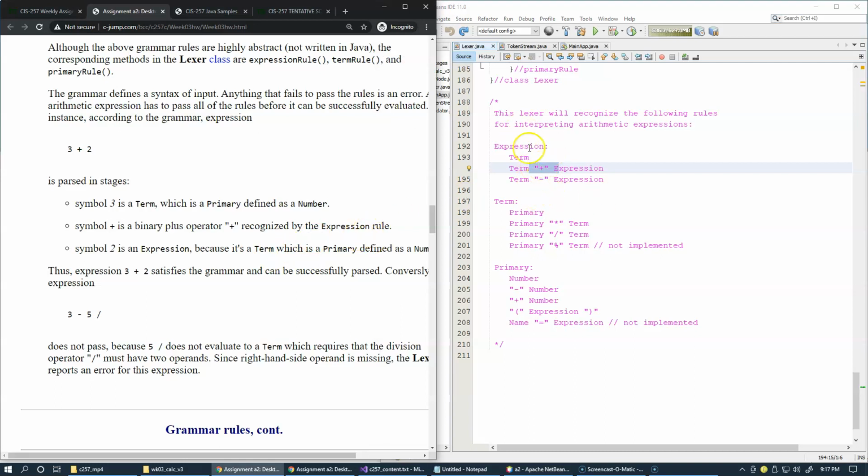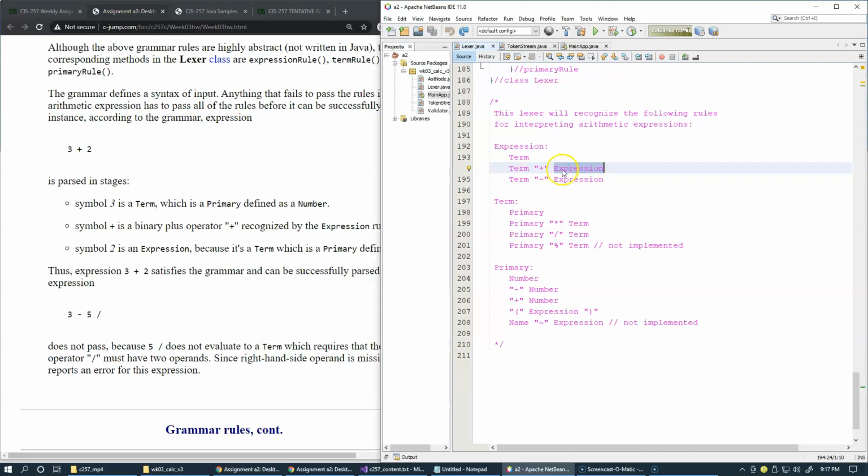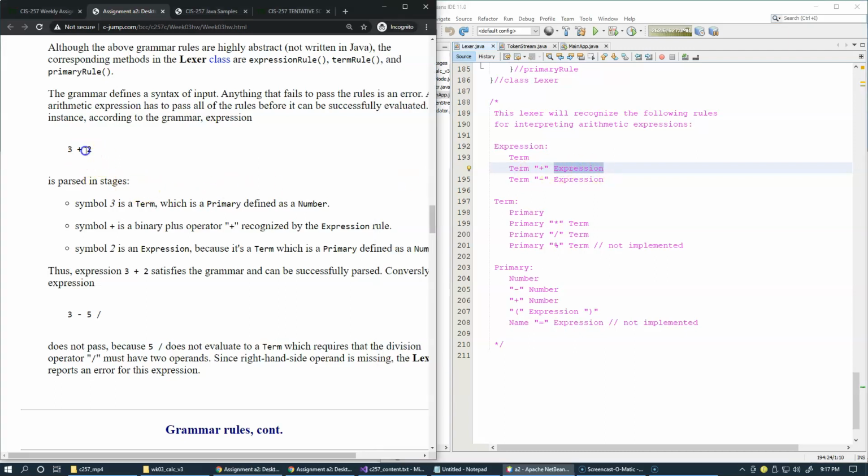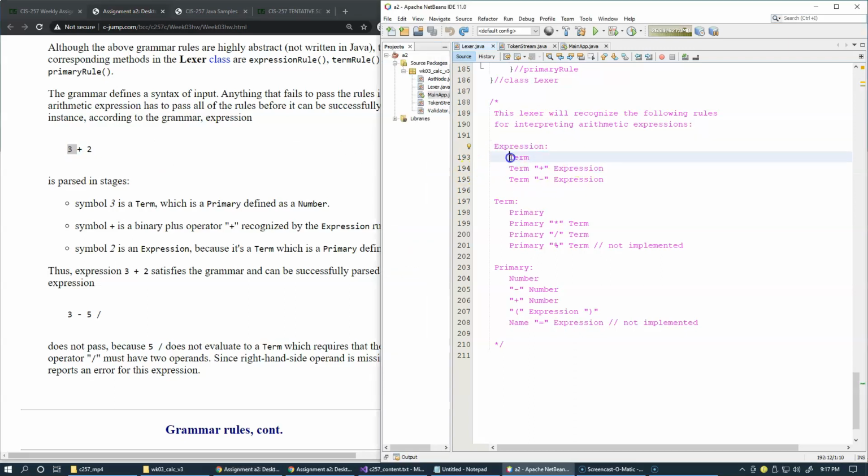So what we do with this definition of the rules is that we apply it to everything that's remaining after the plus sign. We just say, let's check it as we did with the beginning of our expression, and we go back to the expression and check for the term.